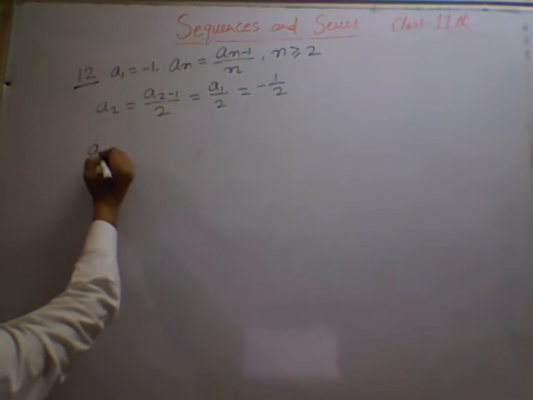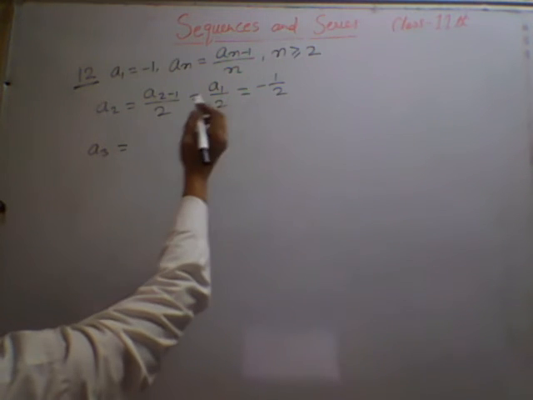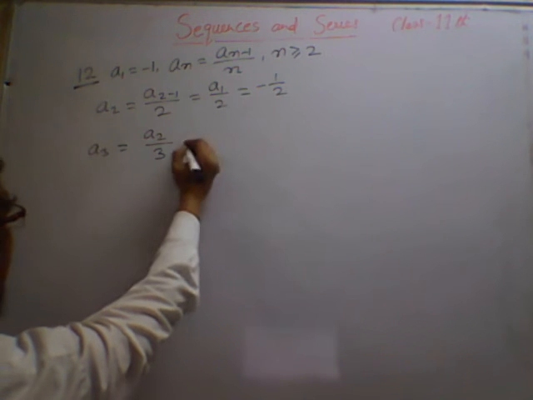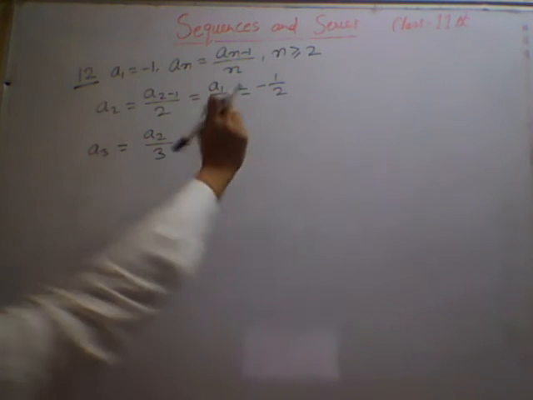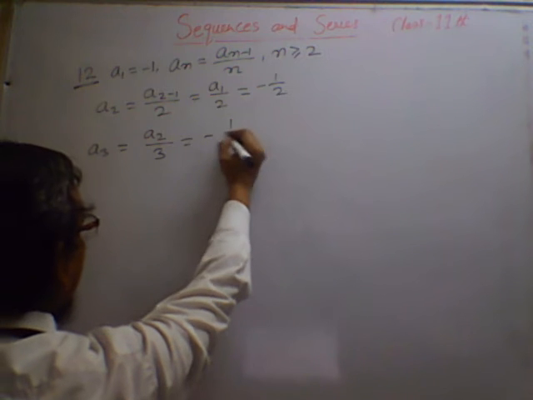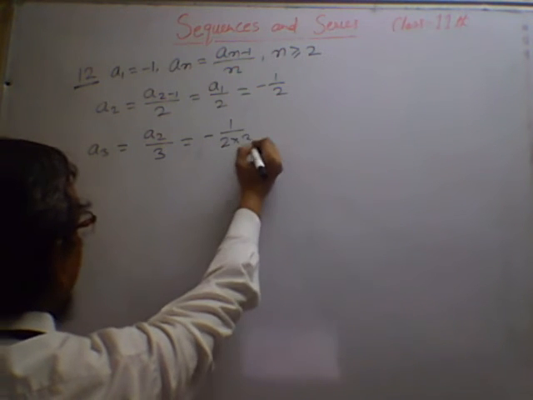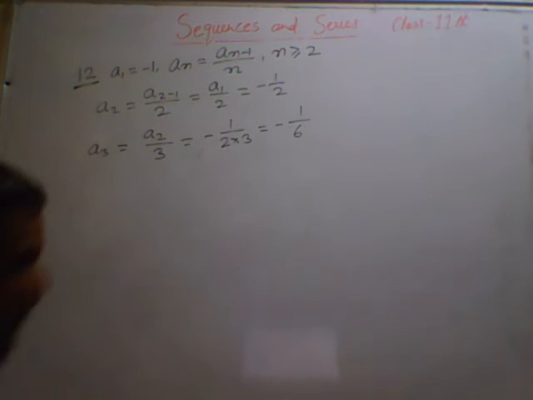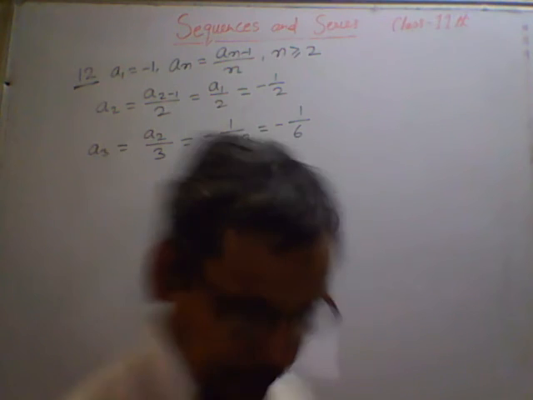Then a3 equals a3 minus 1, which means a2, over 3. The value of a2 is minus 1 over 2, and this 3 will come here. It will be minus 1 over 6. So a3 is equal to minus 1 over 6.